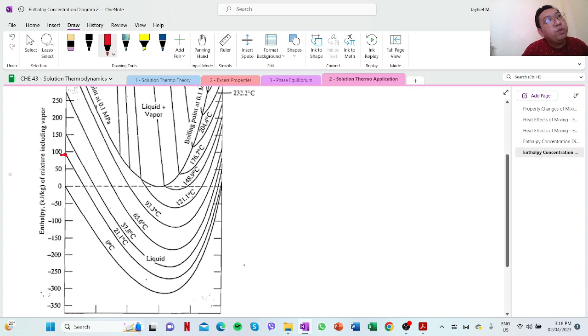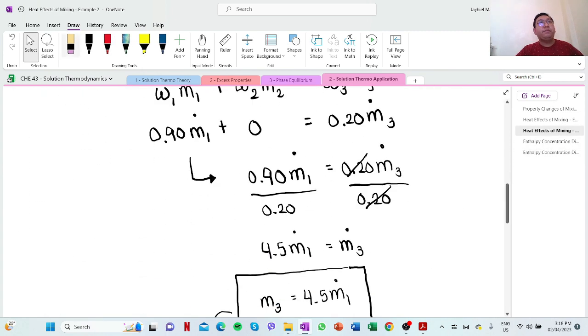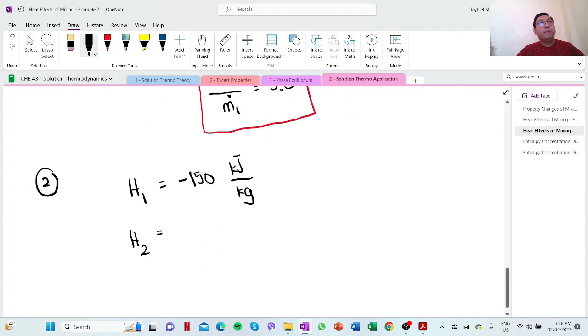I would like to assume I'm actually using the 21.1 isotherm, so please take note. So this is actually positive 98, that is just my estimation.